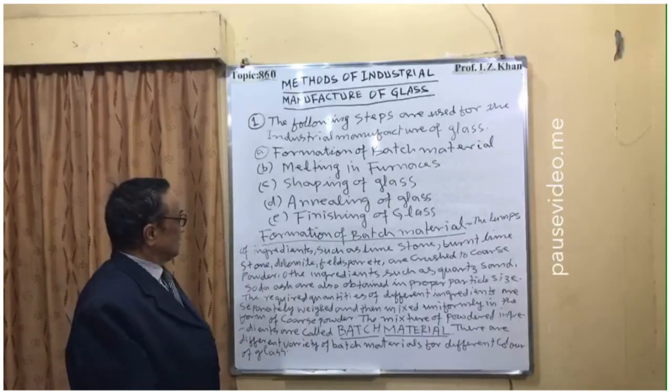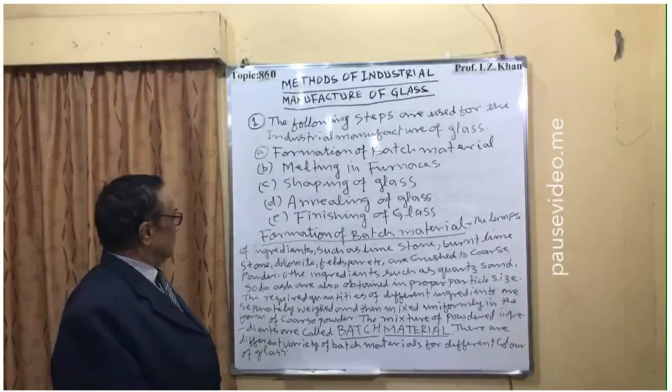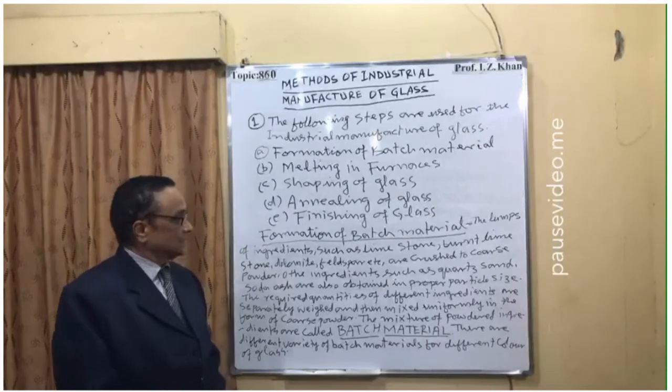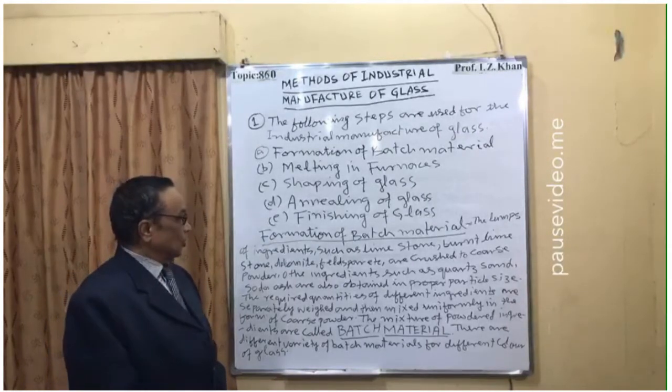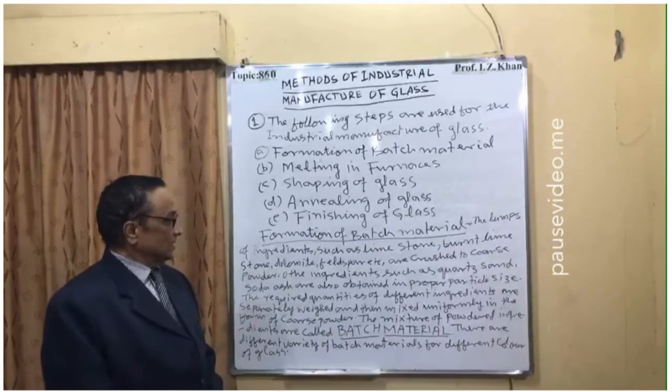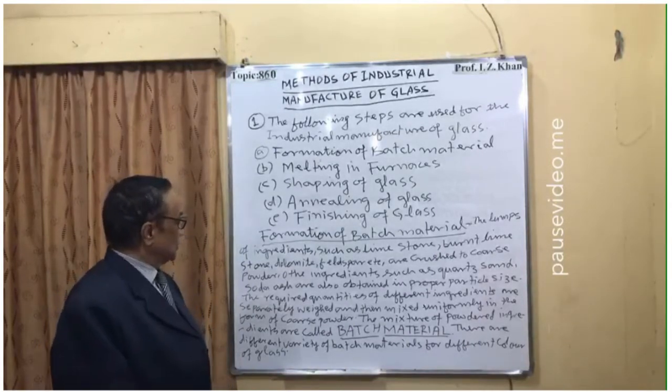So first is the formation of batch material. The lumps of ingredients such as limestone, burnt limestone, dolomite, feldspar, etc. are crushed to coarse powder.